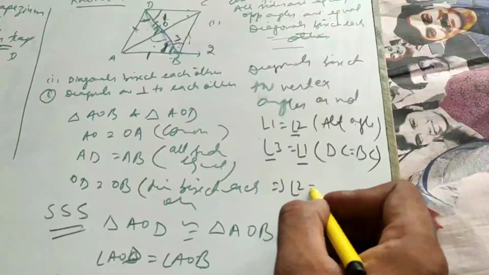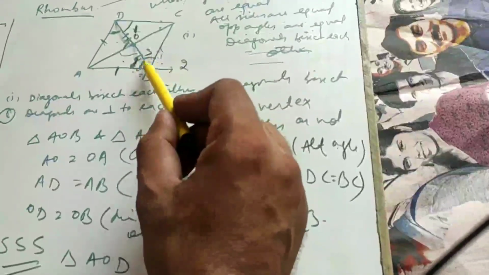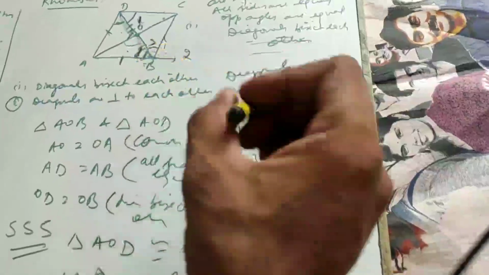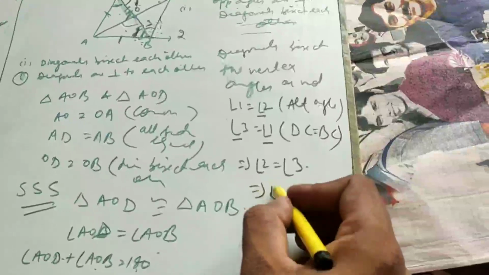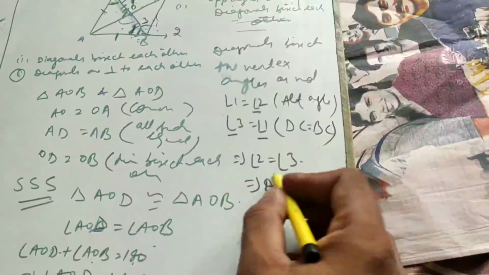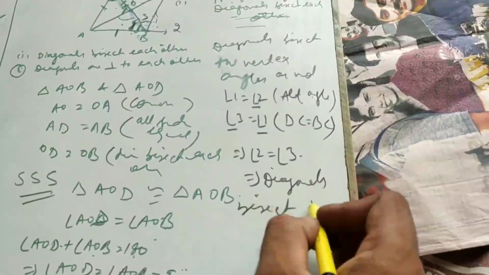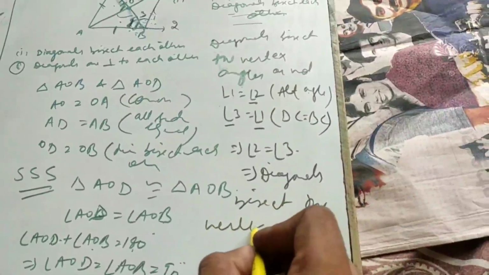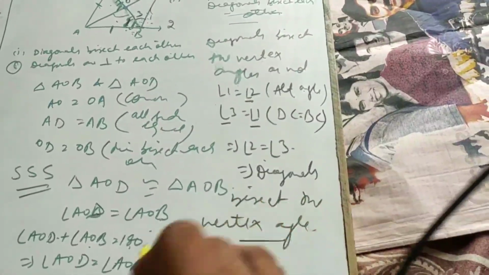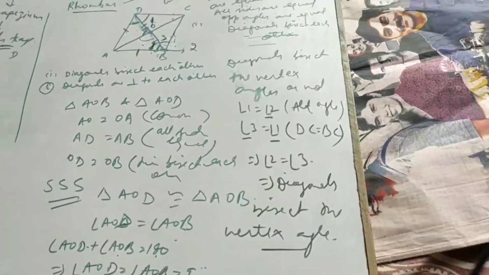Therefore angle 2 is equal to angle 3, which means DB bisects the angle. Therefore, the diagonals bisect the vertex angles.